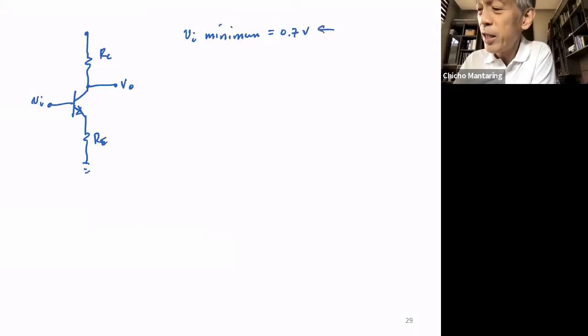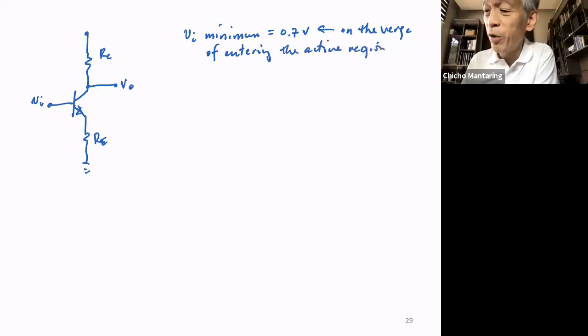So this is on the verge of entering the active region, or the active mode of operation. If your input voltage is less than 0.7 volts, your diode here will never conduct.